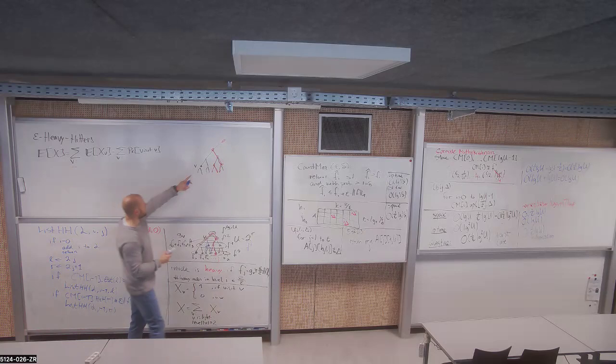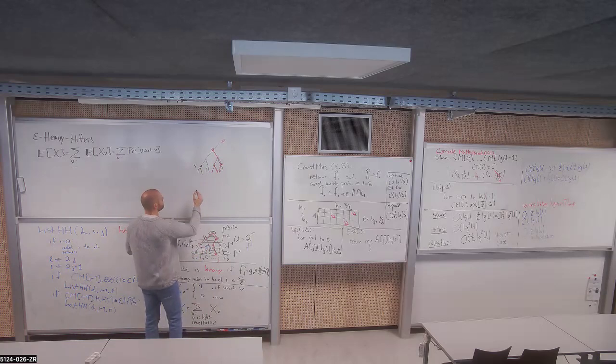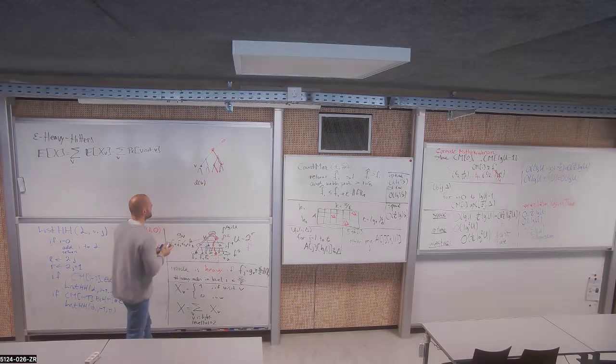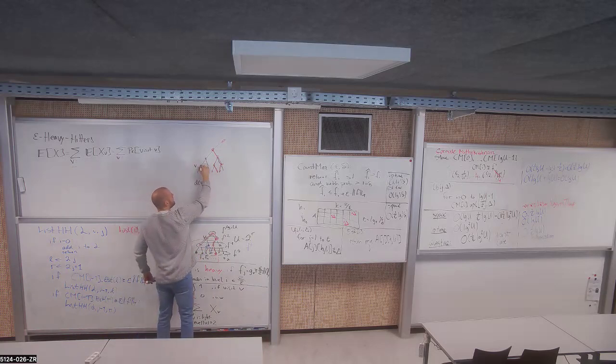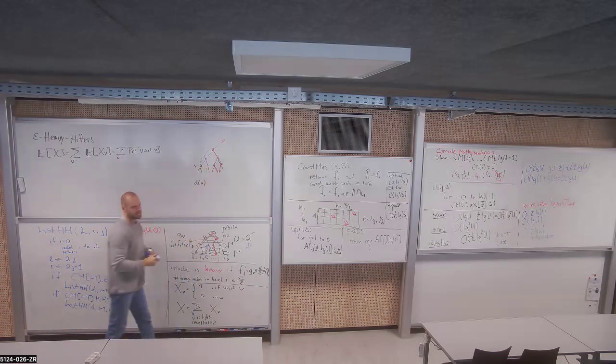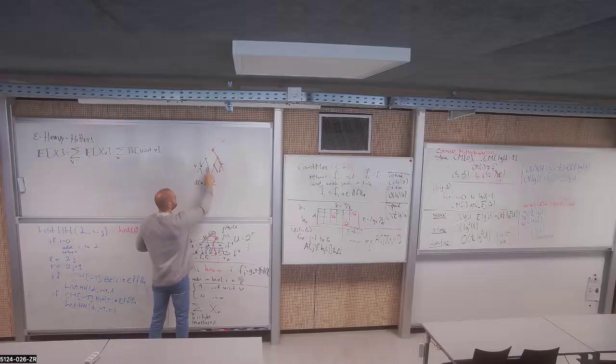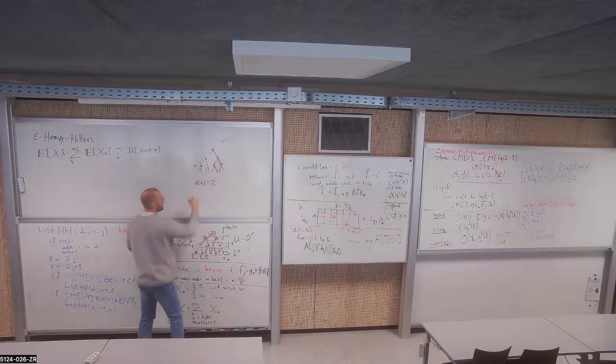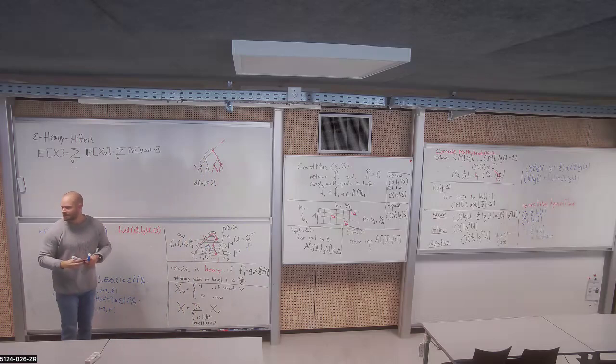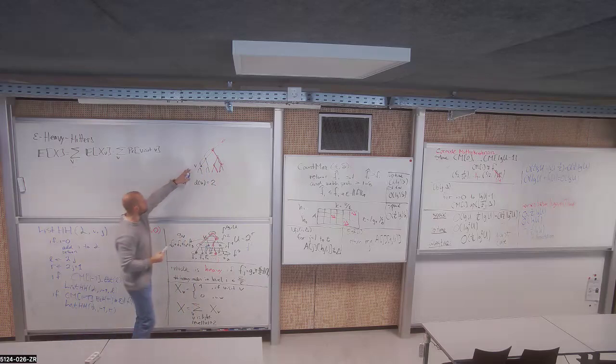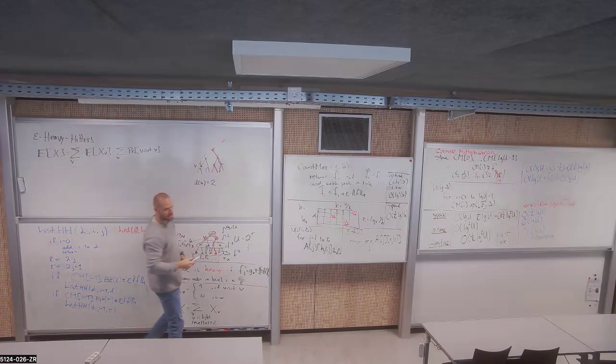Now we define the light depth of V, let's call it d of V. The light depth is the number of steps up to its nearest heavy ancestor. So this light depth here is 2, this node would have a light depth of 1, these will have light depths of 3, and so on.